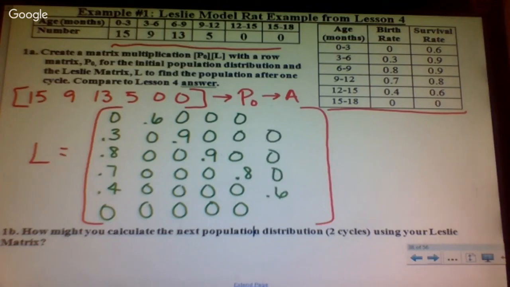And once you put in that last survival rate that's an actual number, you can stop. So your Leslie matrix should look like this. Again, make sure these are stepping down each time you do a column.